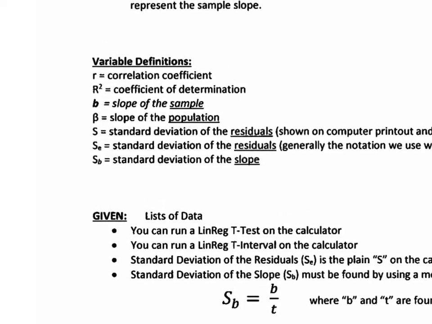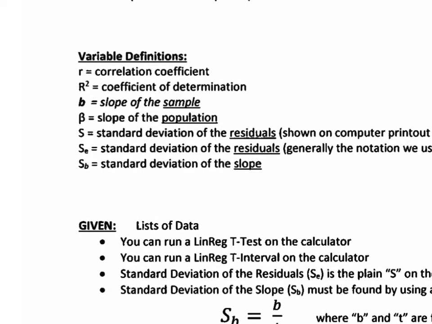And I wanted to remind you that here in the beginning of your packet is standard deviation of the slope. While yesterday we discussed that in this chapter the small little b represents the slope of a sample, then S with a subscript of little b is the standard deviation of the slope. Okay, so that's how we'll notate that. This is on the very front page of the packet, so it's there to reference if you need it.